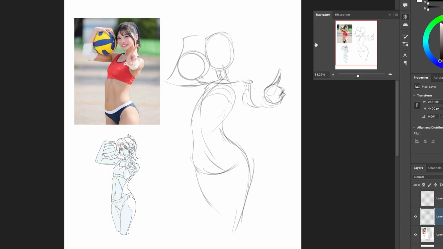See, already here we can see a little bit more clearly what's happening. We have this hand away from the body, so obviously we can read that a little bit better.